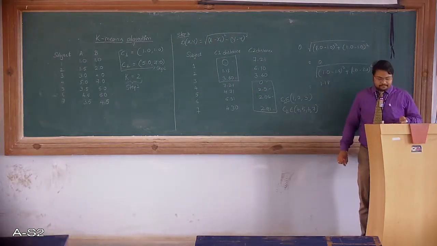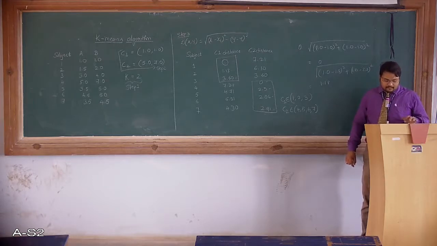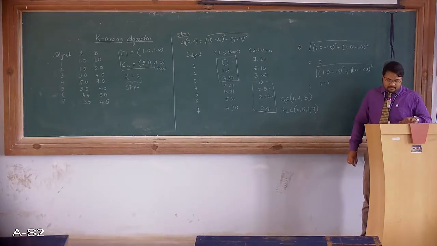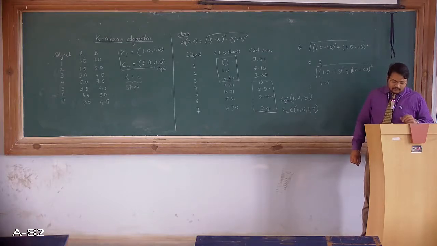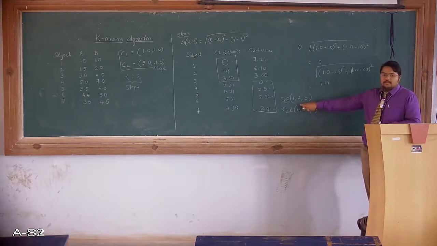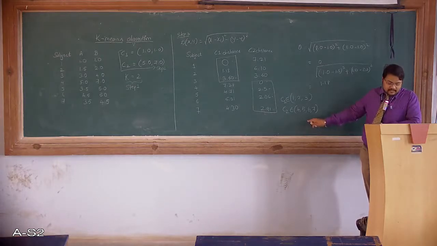Any doubts? Okay, it falls under the C2 value. Now the new clusters are C1 which has 1, 2, 3, and C2 which has 4, 5, 6 and 7.